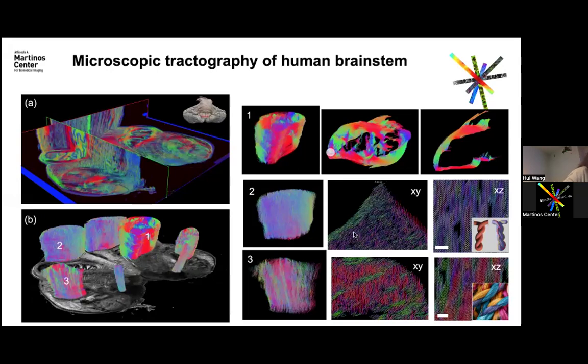Wait, what's that on the left? There are two cartoons. Yeah, those are the two cartoons, my interpretation of this fiber configuration. If it looked like that, it would show up in your data. Yeah, this is the vector orientation in the data.